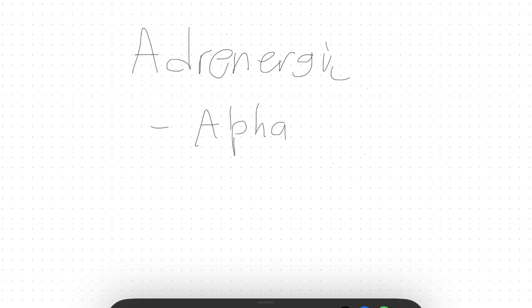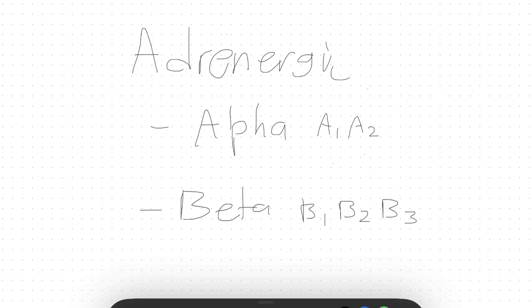The adrenergic receptors respond to the neurotransmitter norepinephrine that is released by the sympathetic postganglionic fibers. The subtypes here are alpha receptors, so you have an alpha 1 and an alpha 2 receptor. Alpha 1 receptors typically cause smooth muscle contractions, for example, vasoconstriction in the blood vessels.